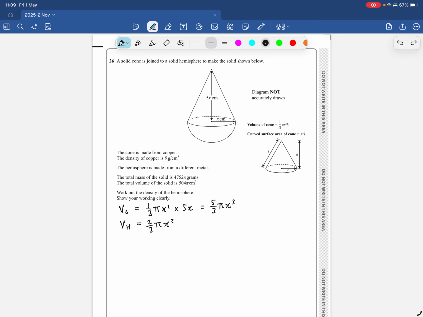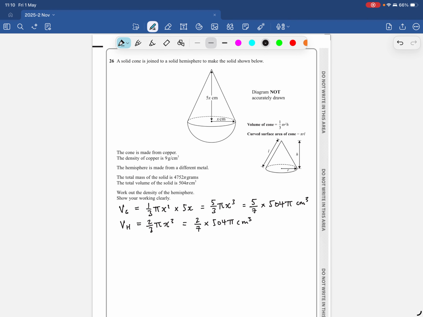So we can now write that the volume of the cone here is equal to 5/7 of 504 pi centimeters cubed, and for the hemisphere it's 2/7 times 504 pi centimeters cubed.